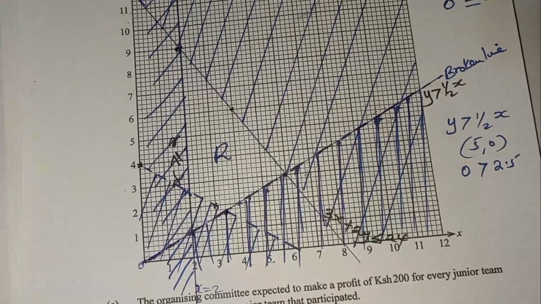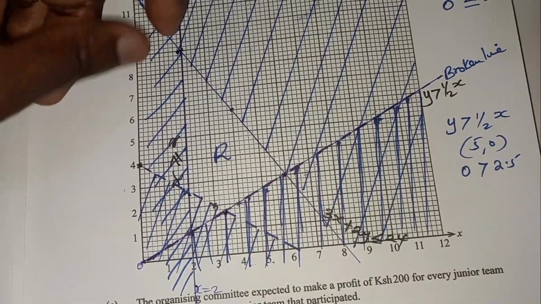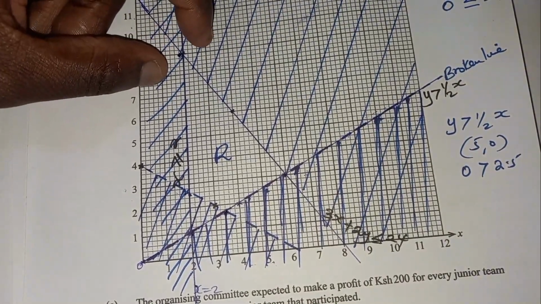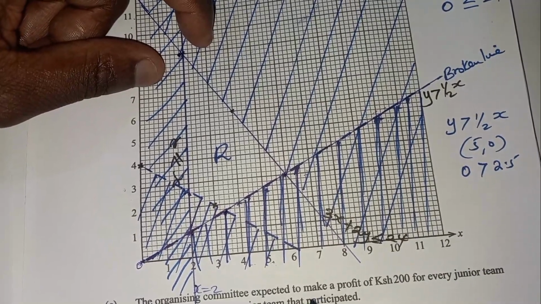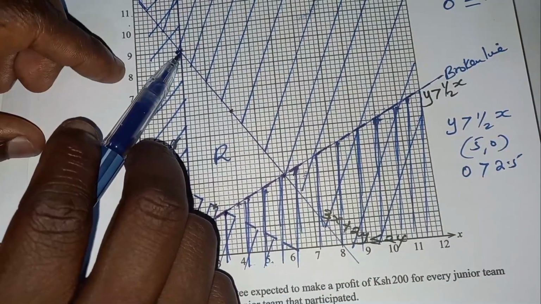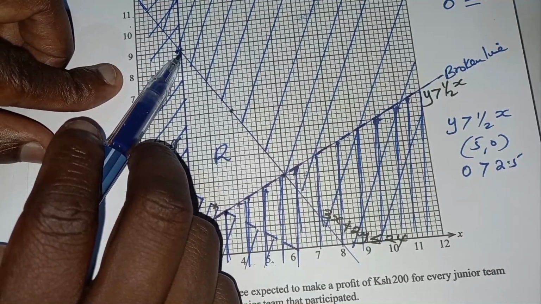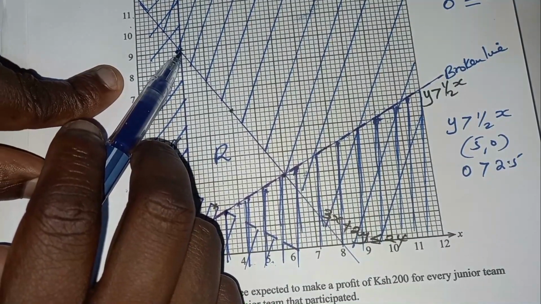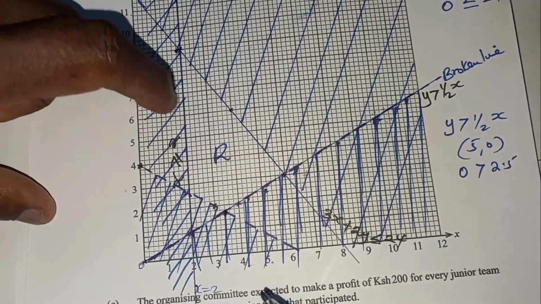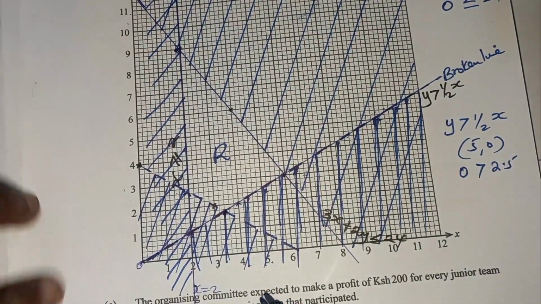That is the point that is not located on any broken line. This is the only corner point that lies on the lines that are continuous, meaning the points on those lines satisfy the inequality.